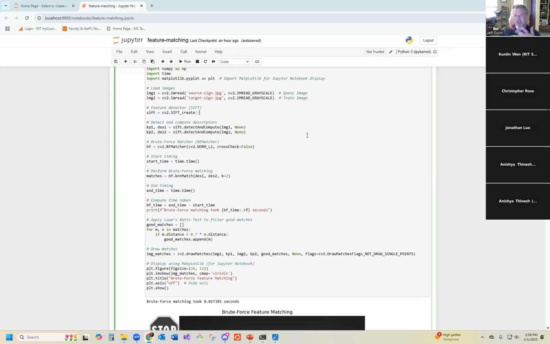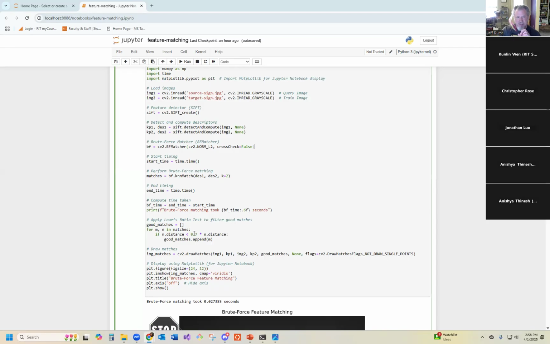And then we've got our key points for our source stop sign. We've got our key points for our target stop sign we're trying to find. And then we can just hit it with this brute force matching algorithm, and for the sake of tracking things, I've got it timing how long this is taking to run.